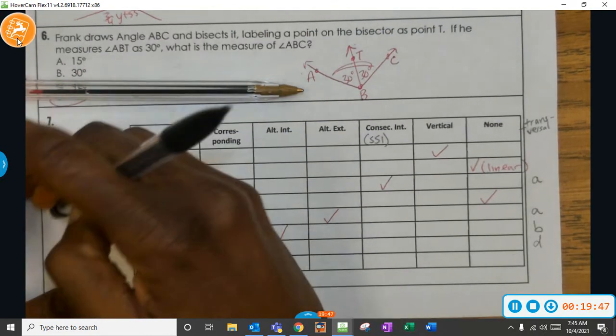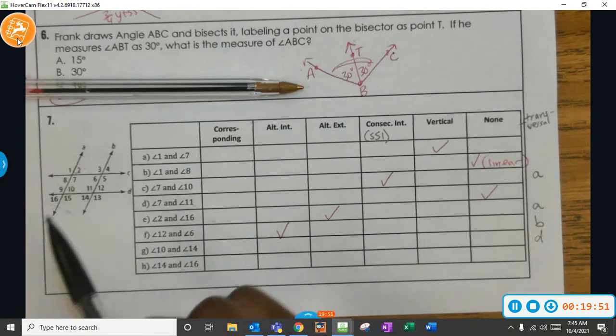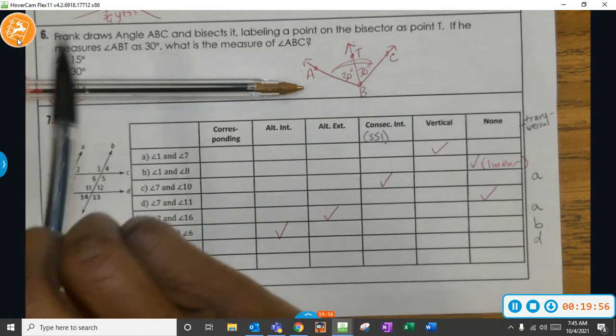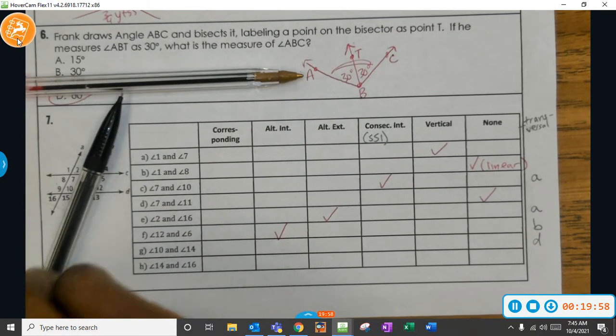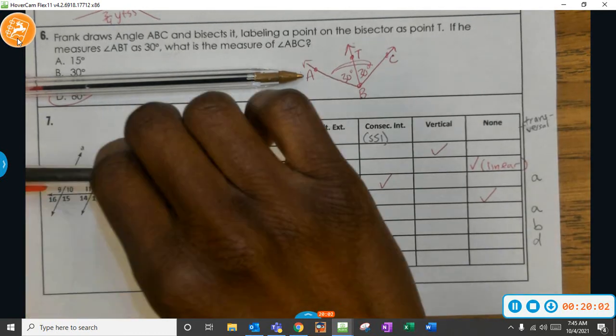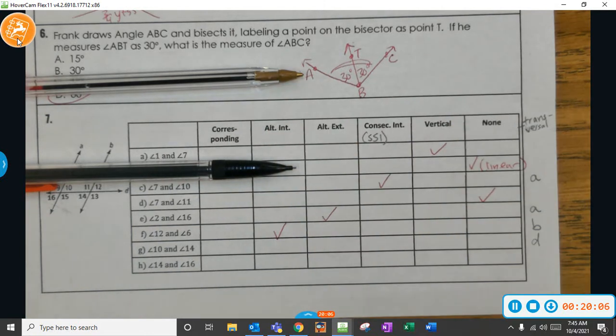So my interior changes depending on what my transversal is. It's not that 15 is always in the interior. 15 is on the exterior if we're looking at transversal A, because it's outside of the 2 lines on A. But if we're looking at transversal D, 15 is on the interior. So 10 and 14 are alternate interior.